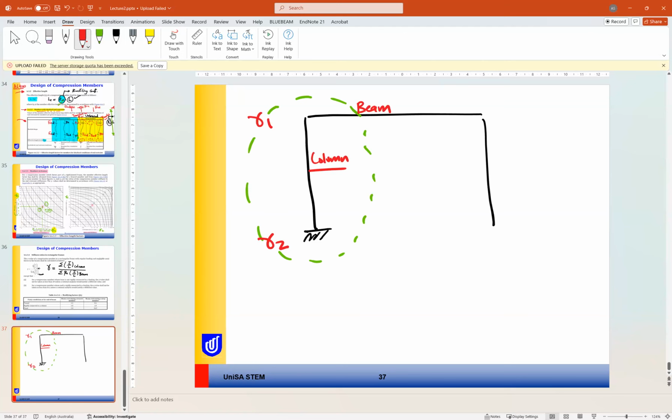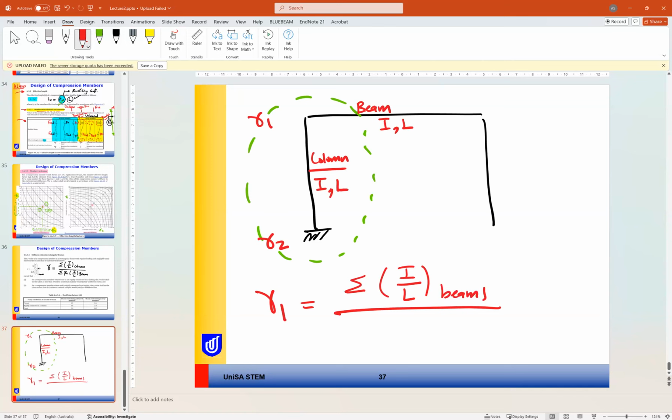For this beam, you know its inertia and its length. For this column, you know its inertia and its length. So the standard gives us gamma 1 equal to sigma I over L for the columns, if you have more than one column, over sigma beta E I over L for the beams.